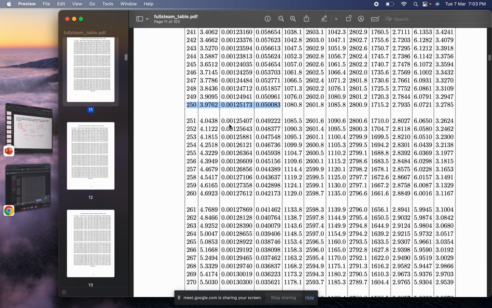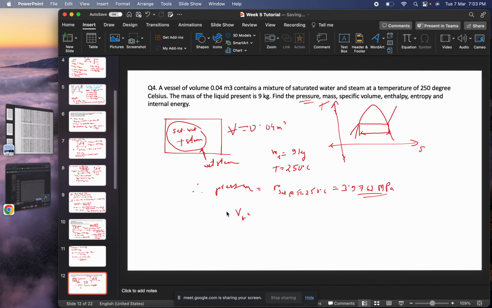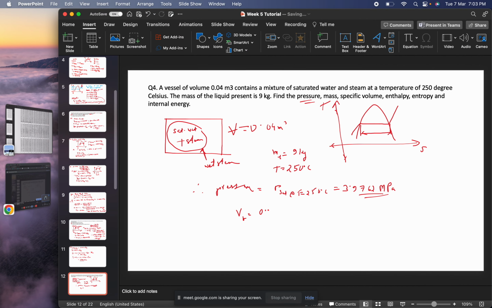From the steam table, Vf is 0.001251 meter cube per kg.